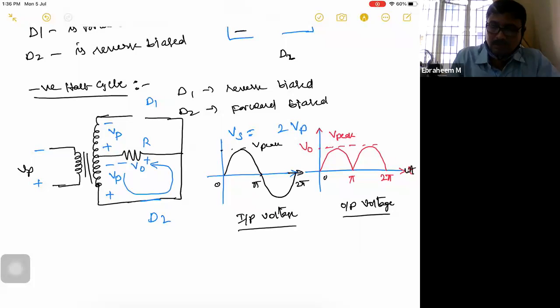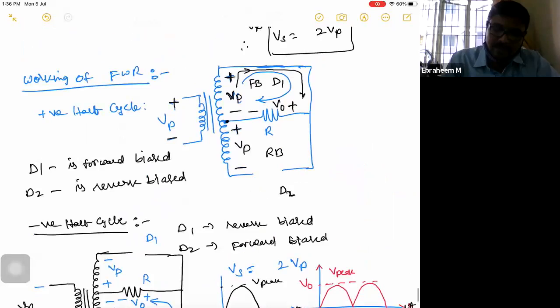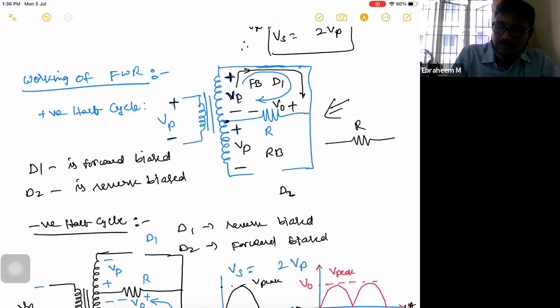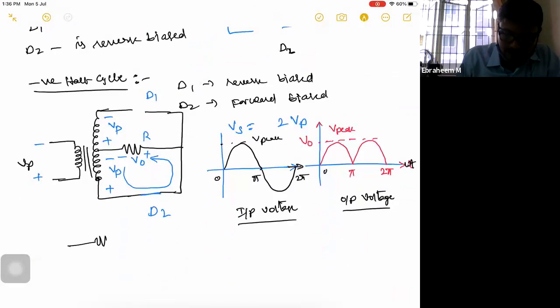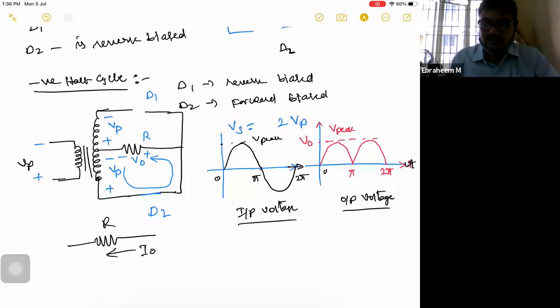This is the T you can write. You can observe that in this waveform also the current I naught through R is from right to left, and here also the current in R is flowing from right to left in this direction only. That's why the output available across the load is a pulsating DC.